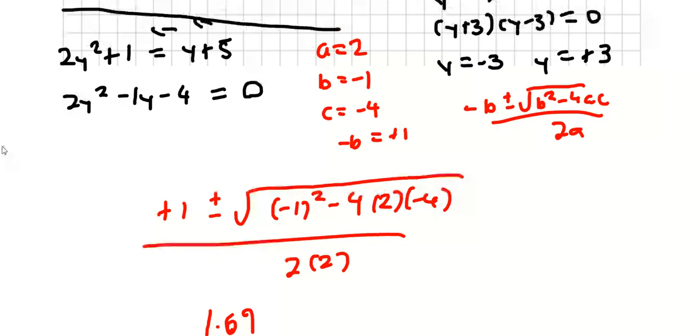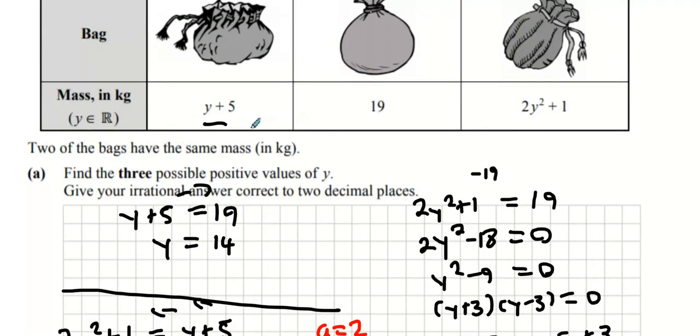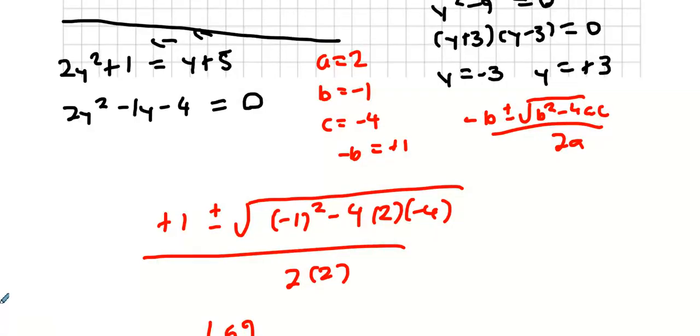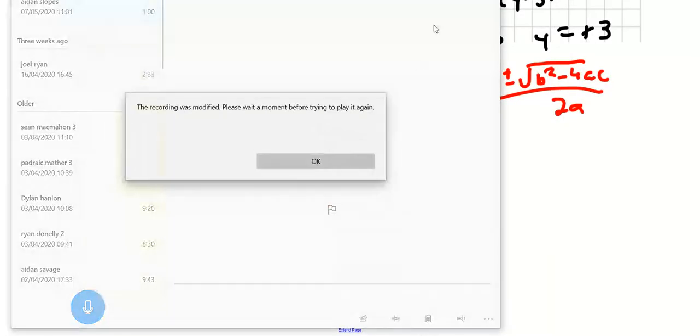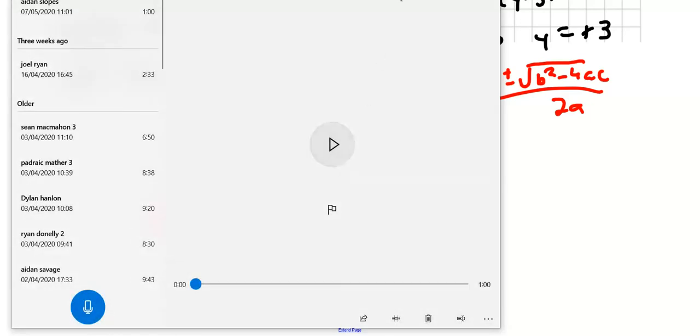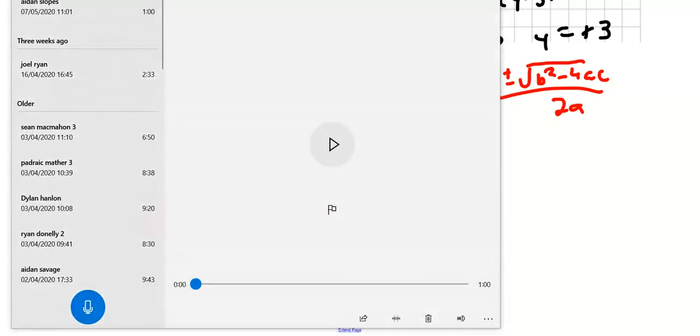Now you can't have a negative answer here because it's mass, so y has to be... could you have a negative answer here? Let's check out the negative answer before I say anything else. Yeah, it only says the positive answer, but I don't know why.